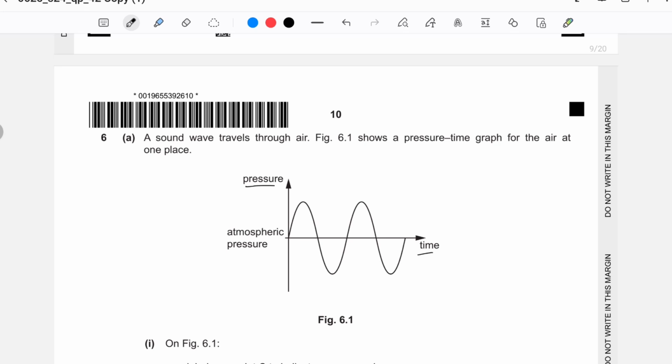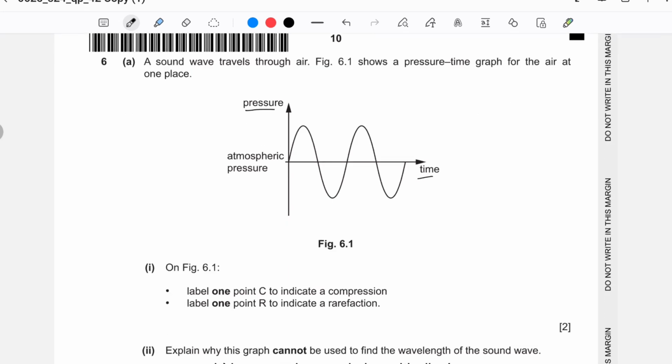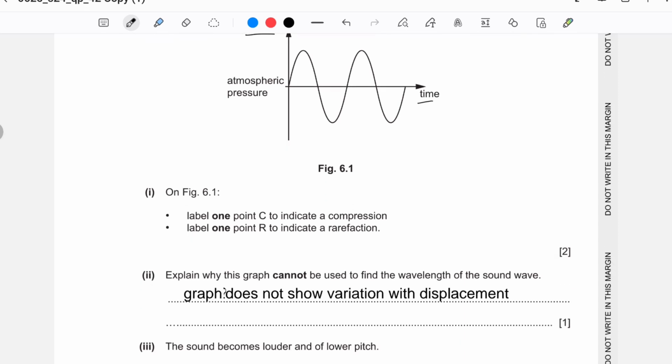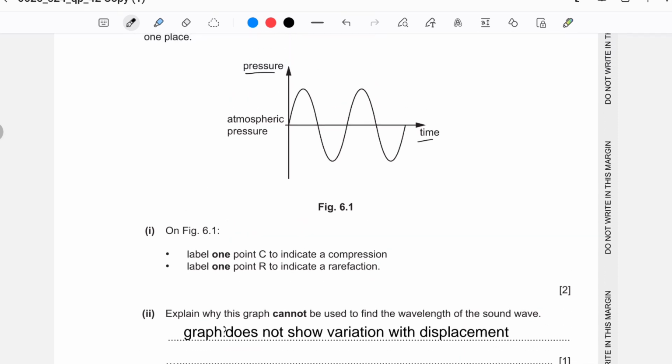Question 6. A sound wave travels through air. Figure 6.1 shows the pressure time graph for the air at one place. So we have pressure and we have time, and in part 1 we are asked to label 1 point indicating the compression and 1 point indicating the rarefaction.